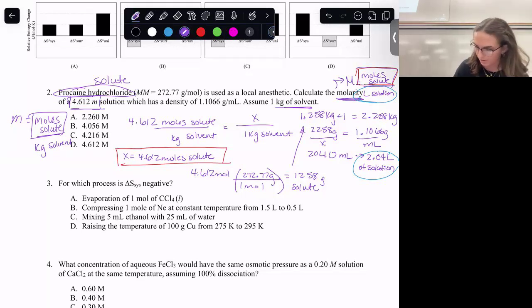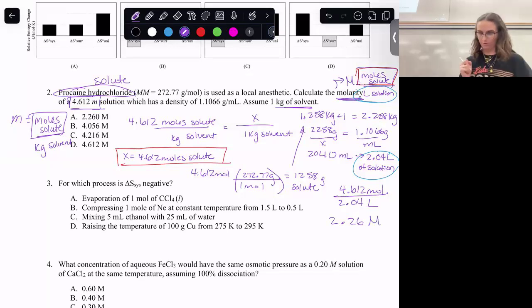We need to take our moles of solute divided by our liters of solution. And we end up with 2.26 mole, which is A.